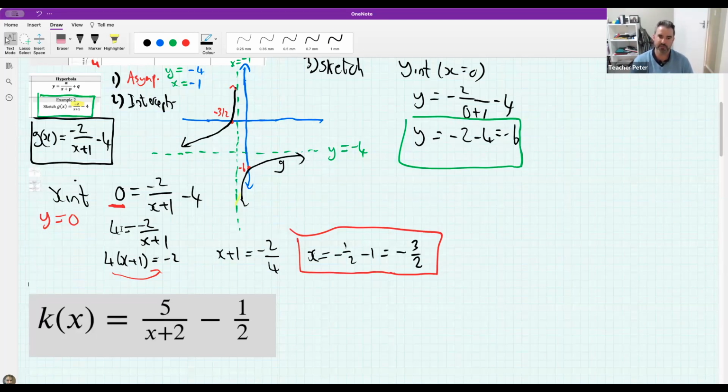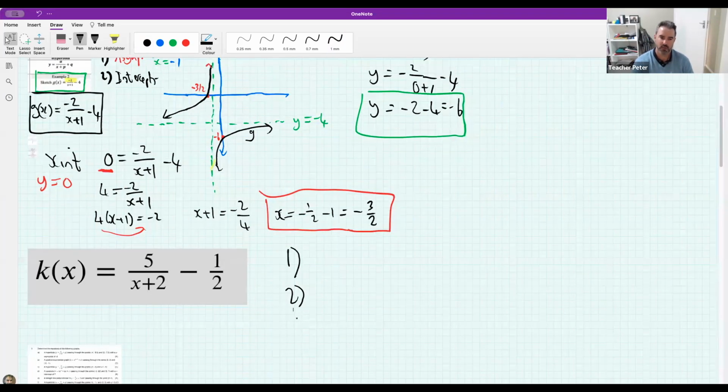Otherwise, if you feel comfortable, you know it's a 3-step process. So ask yourself, what is step 1? What is step 2? What is step 3?